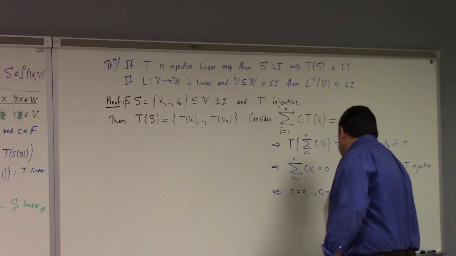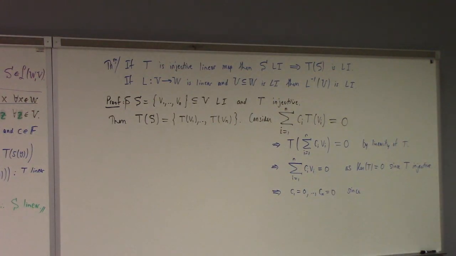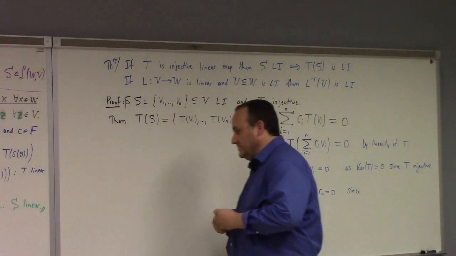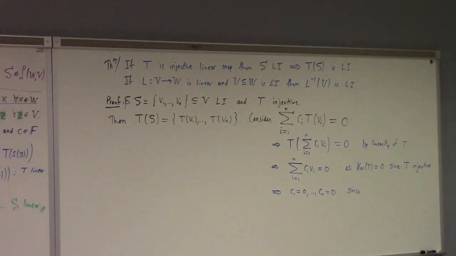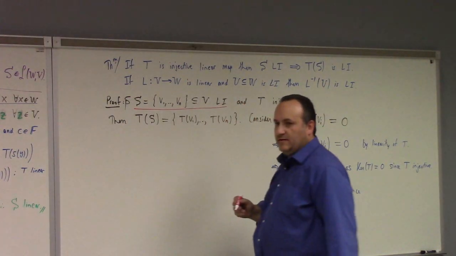You guys tell me why. What gives me that all those coefficients are 0? What assumption are we working under? Remember? Right here. Suppose S is linearly independent, right?